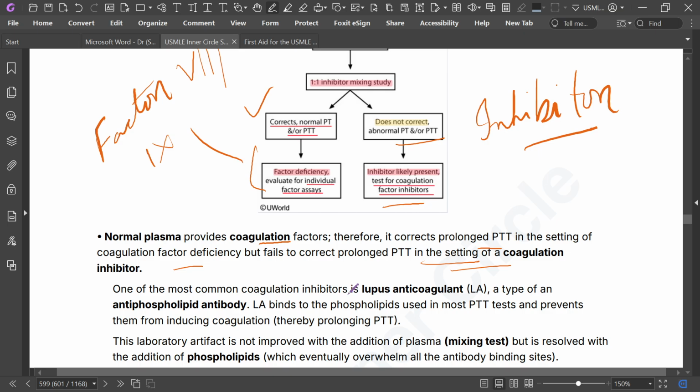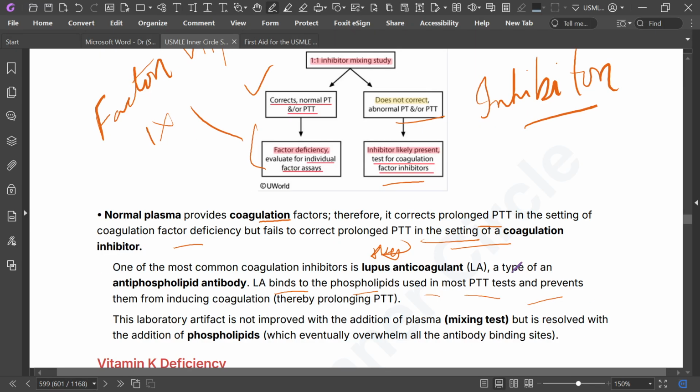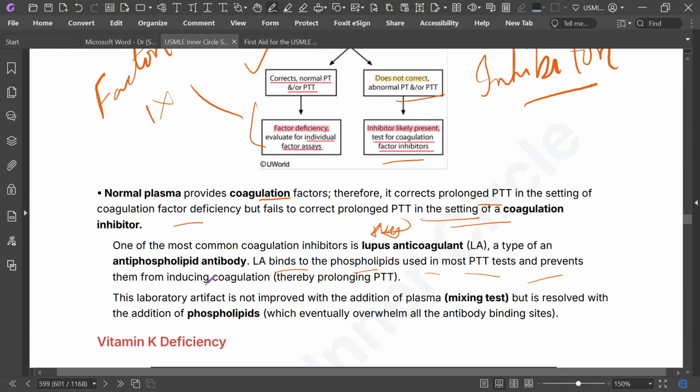One of the most common coagulation inhibitors is lupus anticoagulant, LA. As a type of antiphospholipid antibody, LA binds to the phospholipids used in most PTT tests and prevents the induction of coagulation, thereby prolonging PTT.